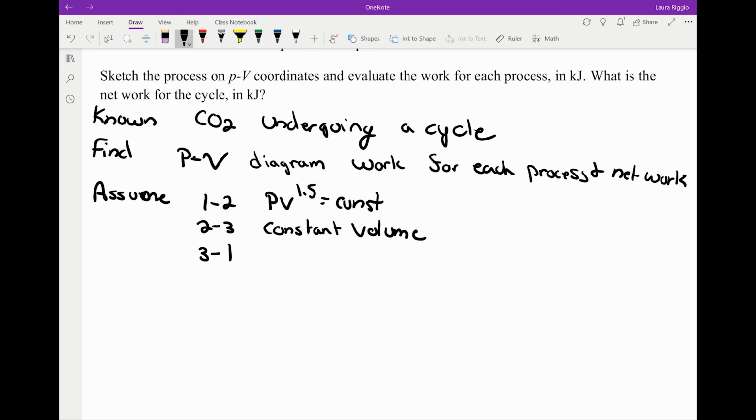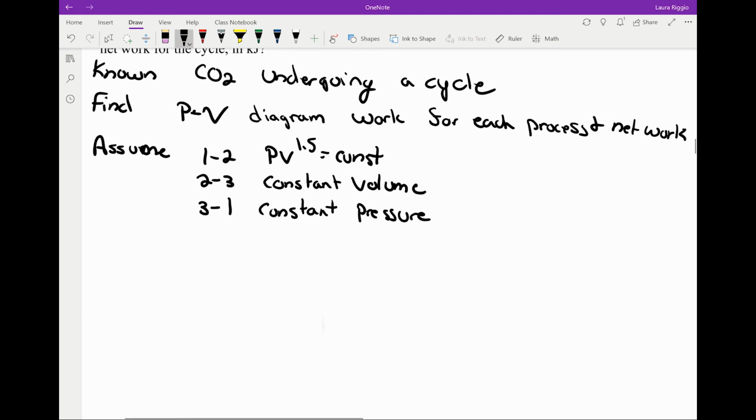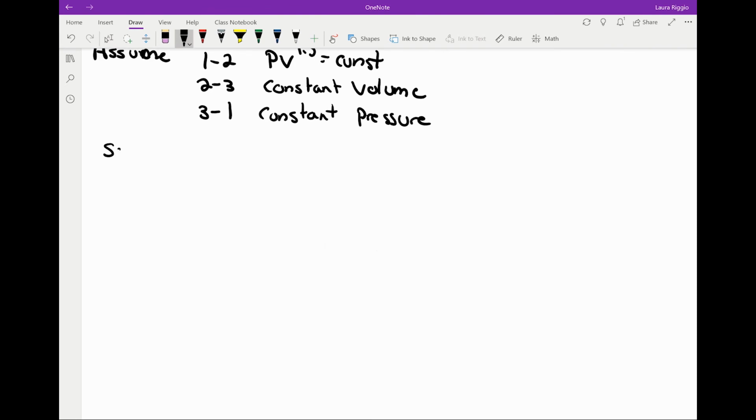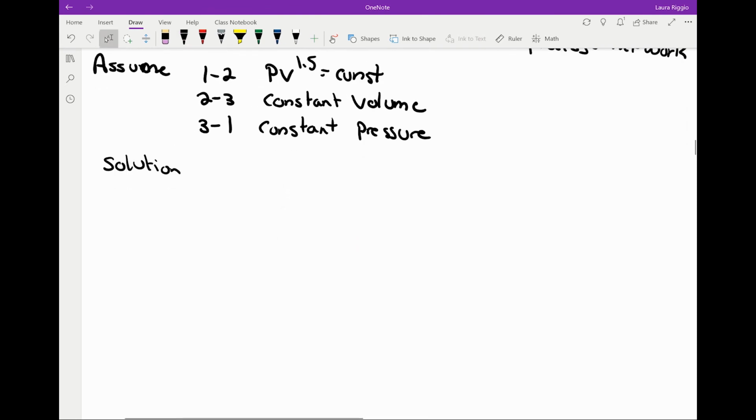And for 3 to 1, we have constant pressure. All right, so we're going to work on our solution. So let's draw our PV diagram.